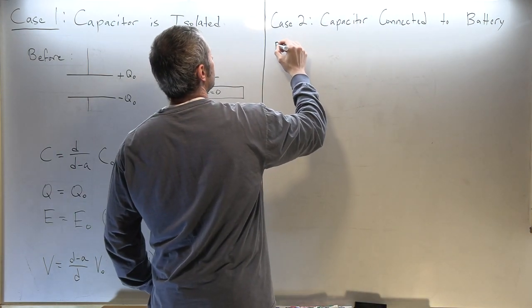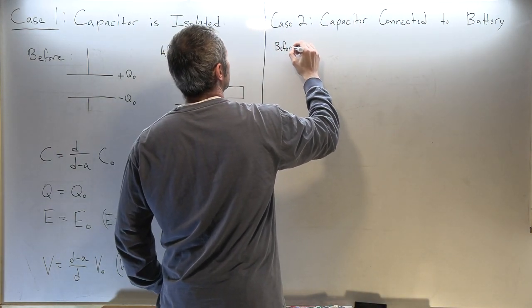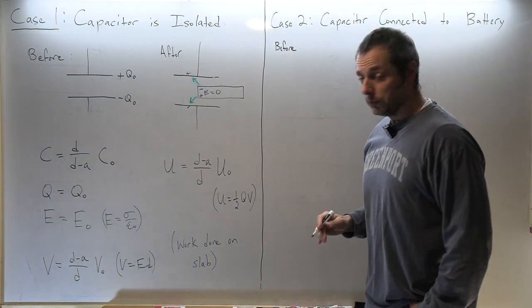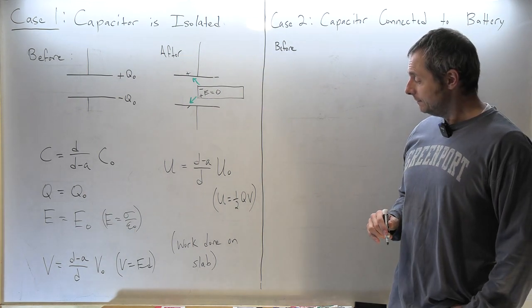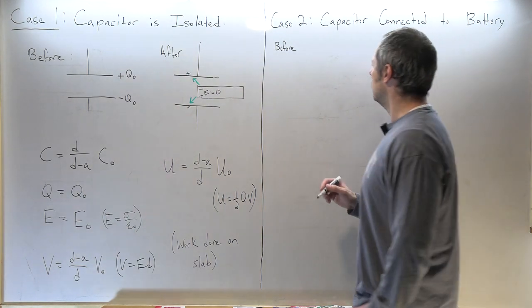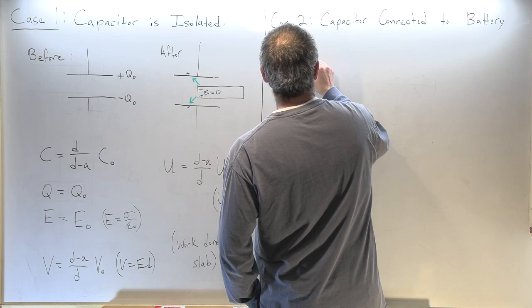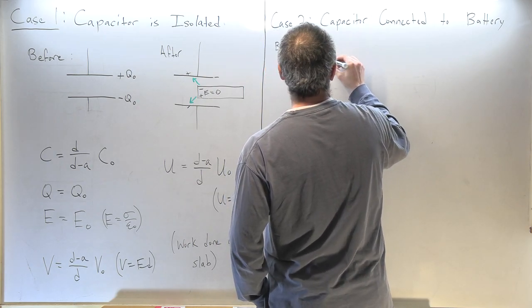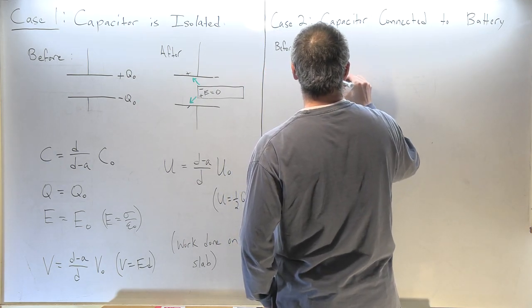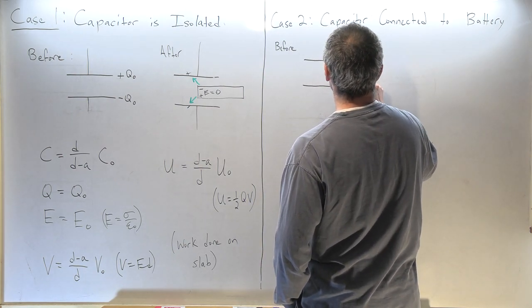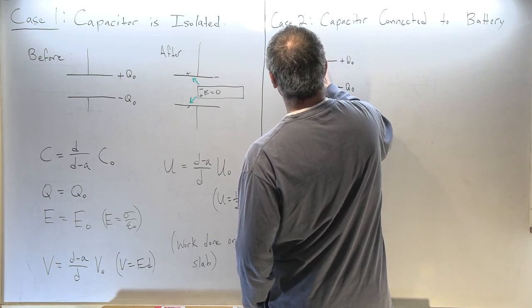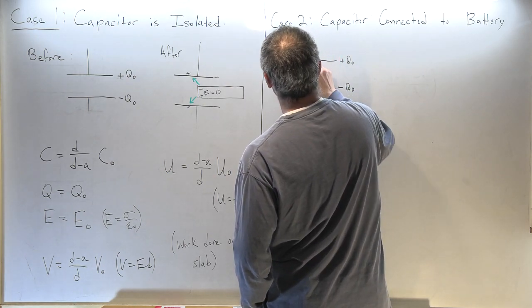So before, oh, by the way, I don't know if I created a pause, so let me go ahead and do that now in case I didn't. Okay, so before, what we have is a capacitor like this, and it's got plus Q0 and minus Q0, and it's connected to a battery here.